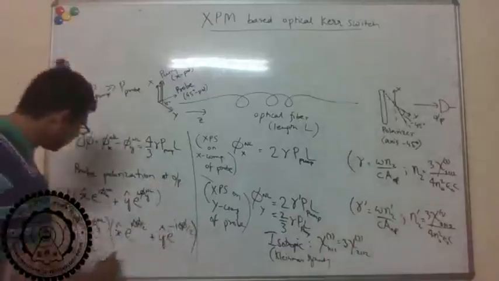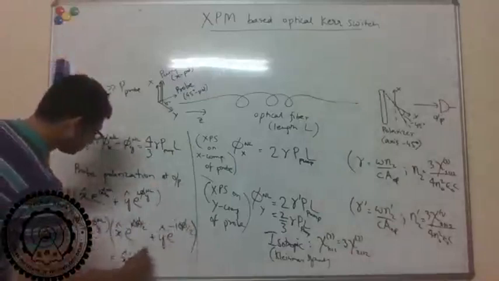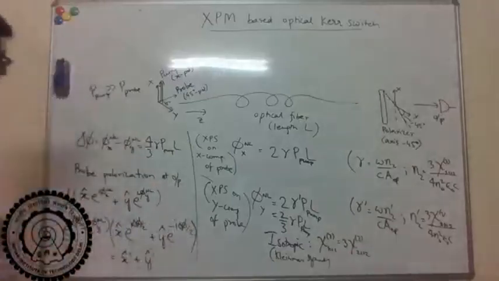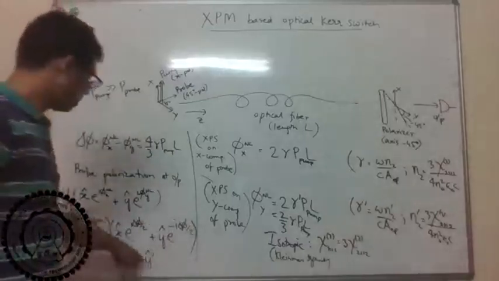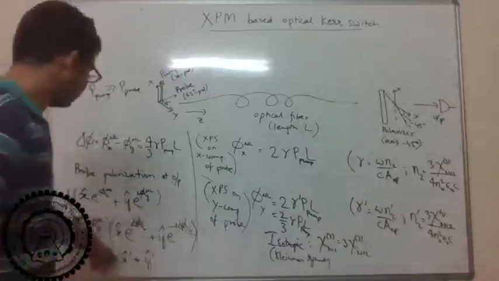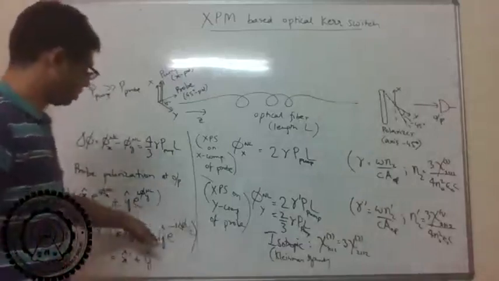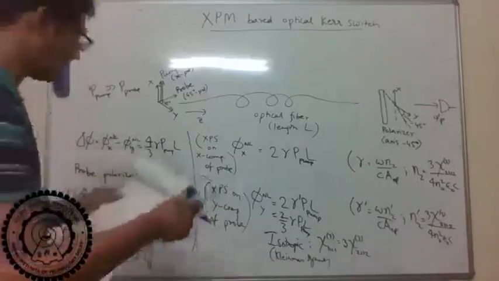Okay, and then again I can write this as some x prime plus y prime. And then you can try to relate x prime in terms of x and y, and y prime in terms of x and y. You'll see again x prime will be x cosine theta plus y sine theta, something like that.